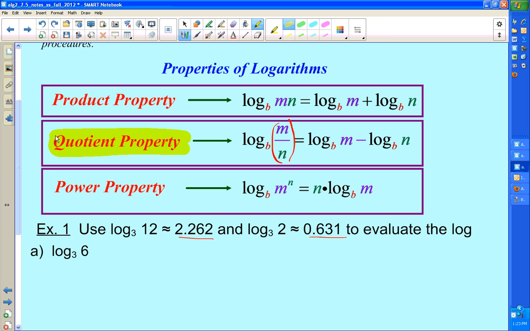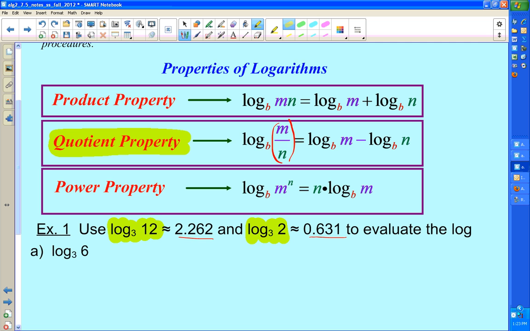If you could get me log base 3 of 12 and log base 3 of 2, if you could get to 12s and 2s with base 3, I think I'd be good with that. Okay? They want you to get all the way down to a decimal value.